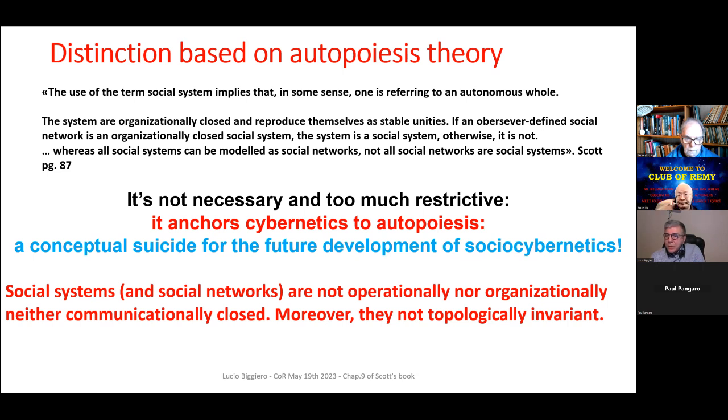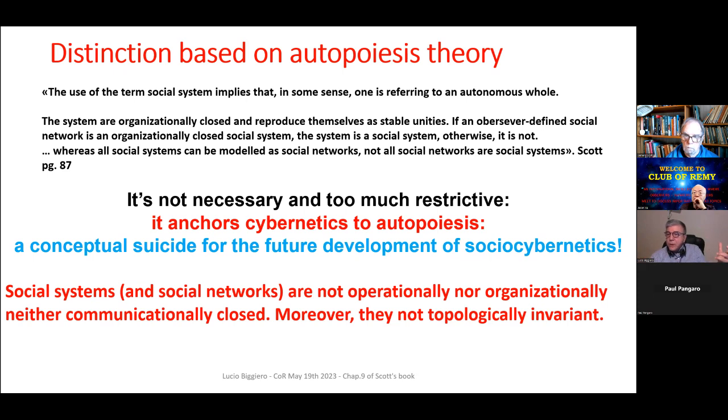The topology must be invariant, because even if it is closed but changing and dynamic, the system would lose, in the jargon of autopoiesis, its identity.